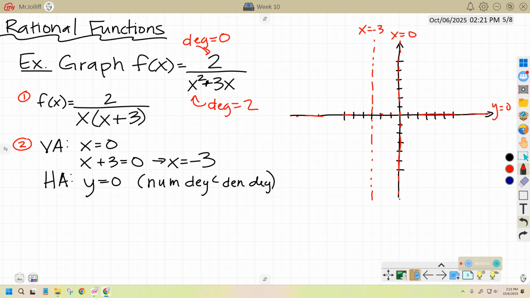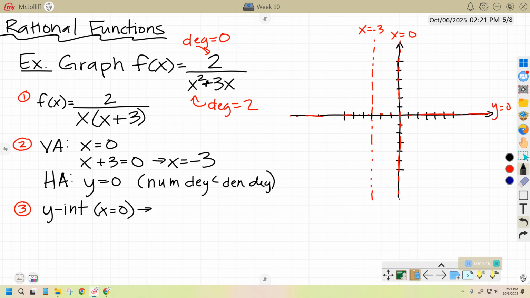Next question, what is step 3? Aubrey, what is step 3? Very good. Find and plot our intercepts. So I know my y-int is where x is equal to 0.